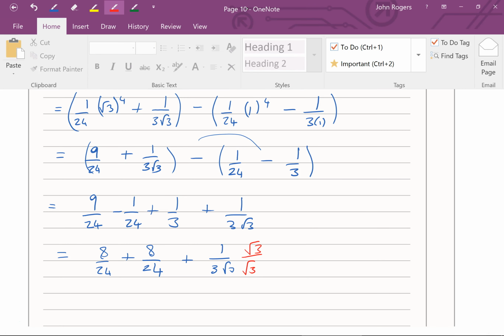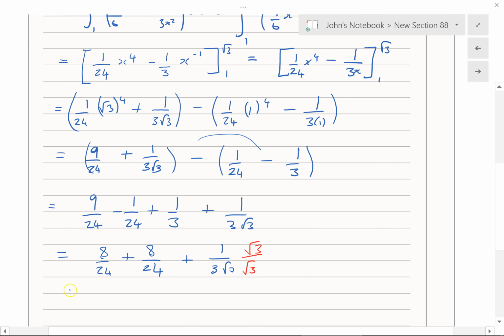You're probably ignoring me already, thinking I can just use my calculator. And so that means that you're going to get, if we work that out, 8 over 24 is equal to 1/3, so the first bit there is 2/3.